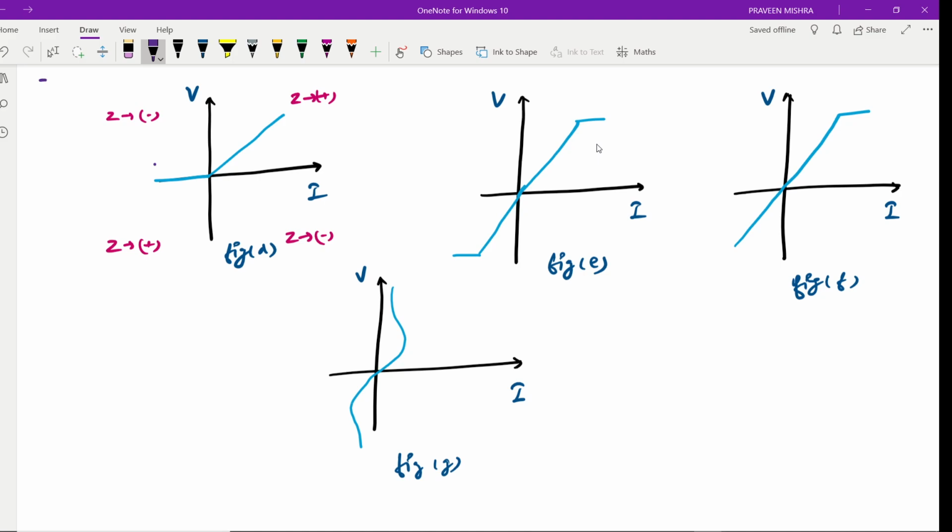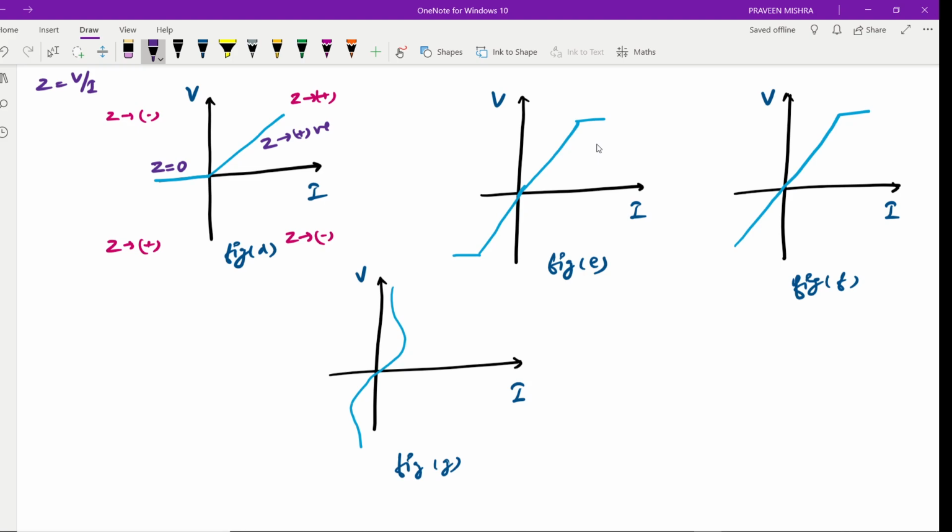V is 0. Z equals V upon I, no? Here V is 0, I is something, but here Z will be equal to 0. And here Z is positive. It is not offering the same impedance in all directions.